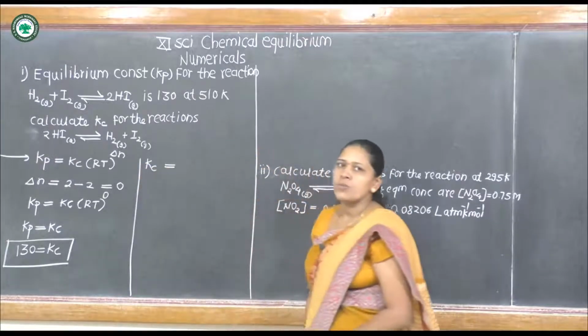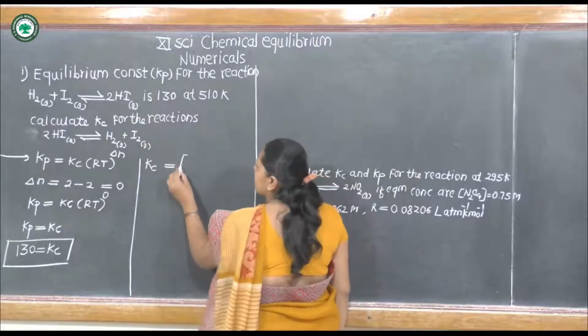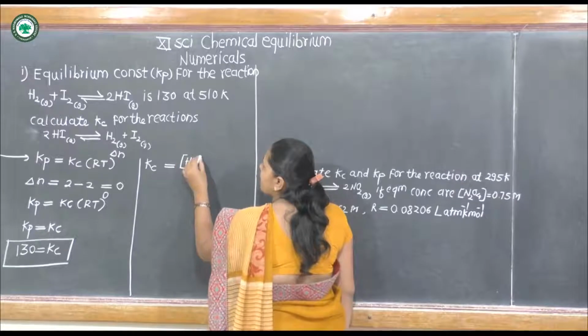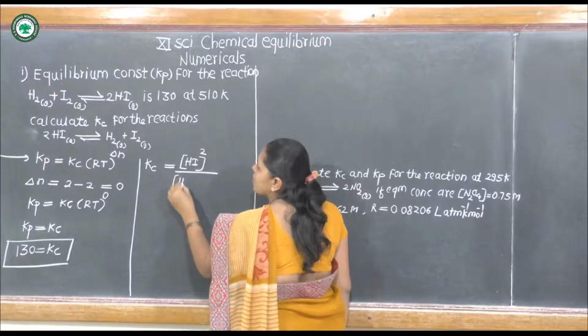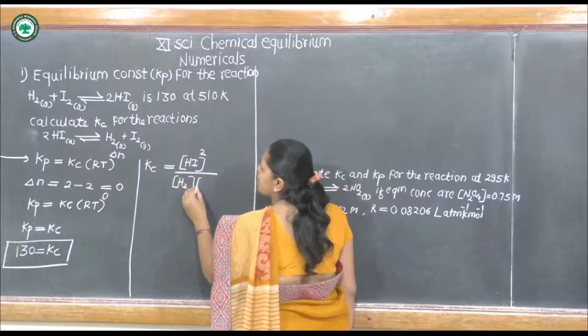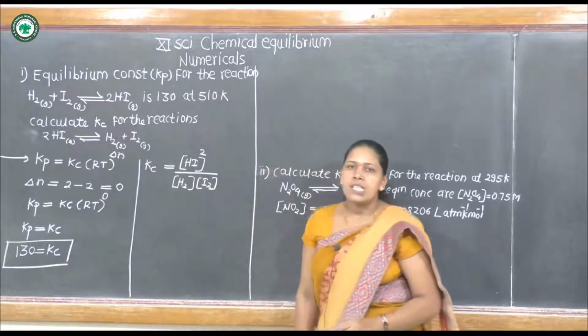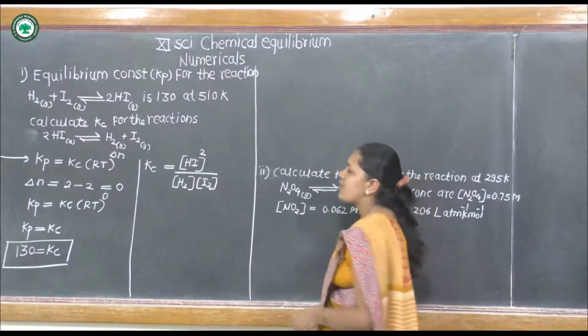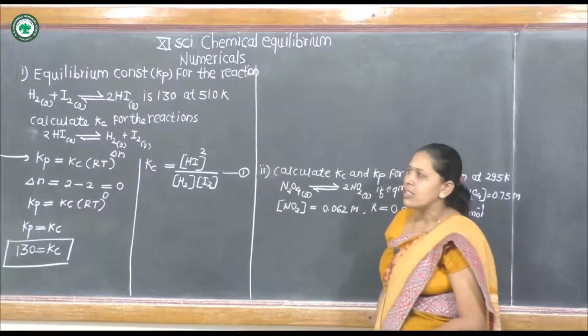Kc is equal to concentration of hydrogen iodide raised to power 2 divided by concentration of hydrogen gas into concentration of iodine. This is the expression for Kc for the first reaction, say equation number 1.